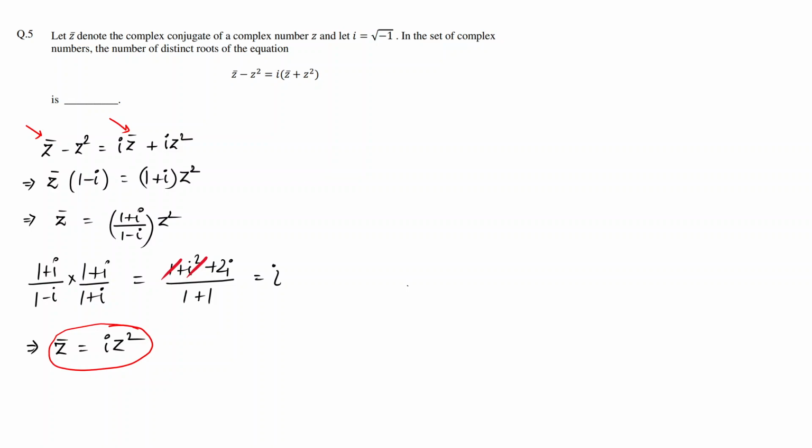Now I am again going to use geometry, because if I know where my z is, I can know where my z bar is. If my z is here on the complex number plane, my z bar will be here, right? Reflection about the x axis.